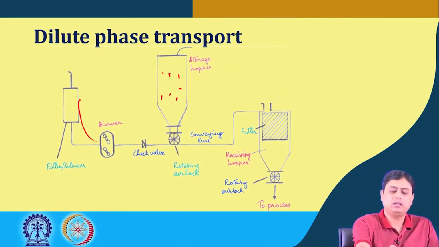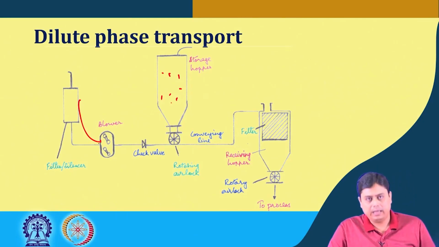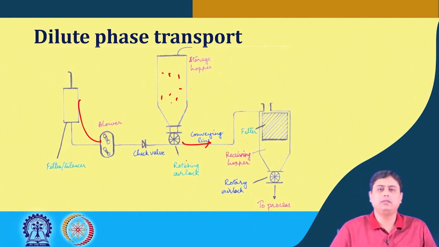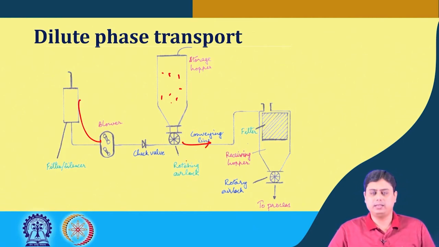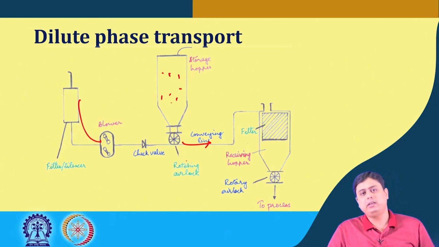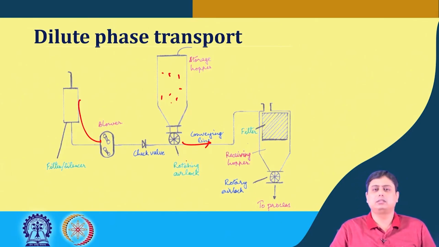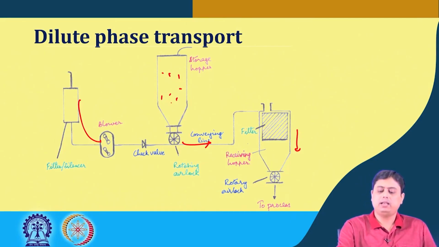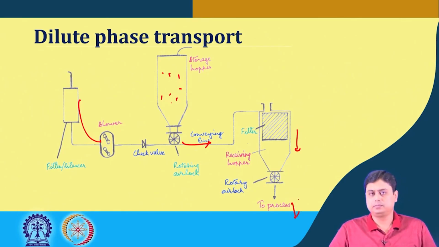Here the blower is there, from where the air comes and is pushed into the conveying line along with the solid particles that it carries. At the receiving end, this suspension is filtered using different types of filters that we have seen, and then the particles go to the process after being collected.